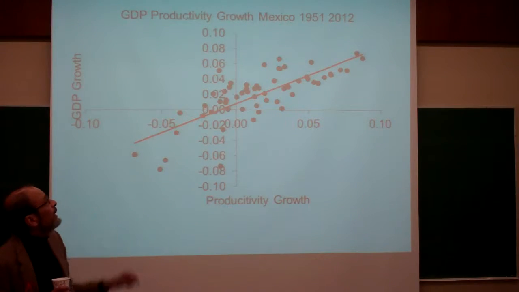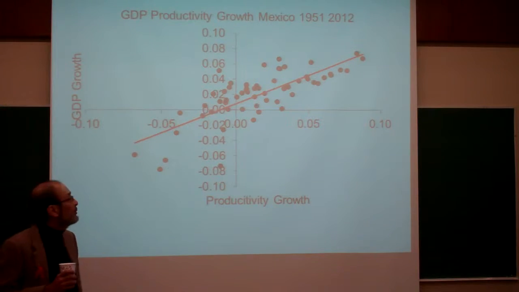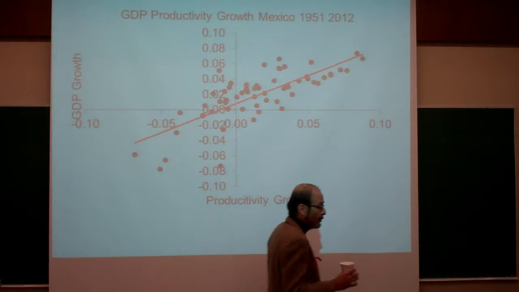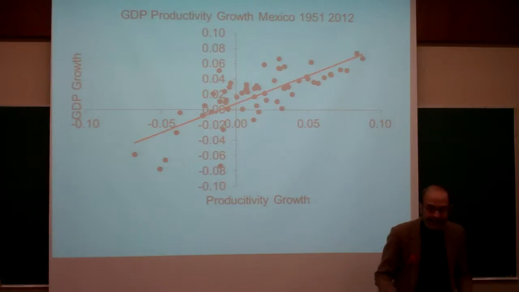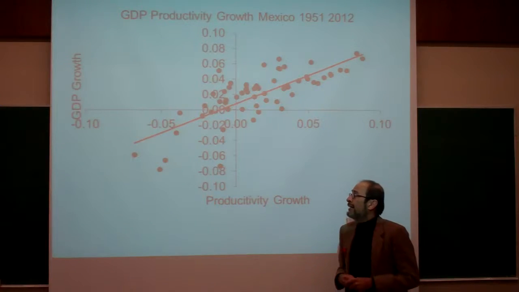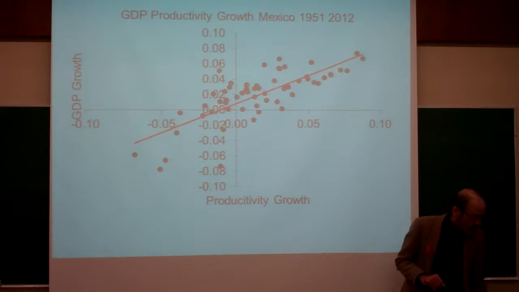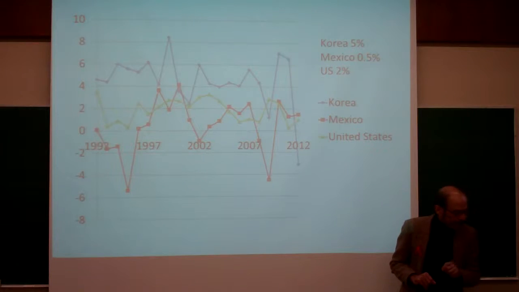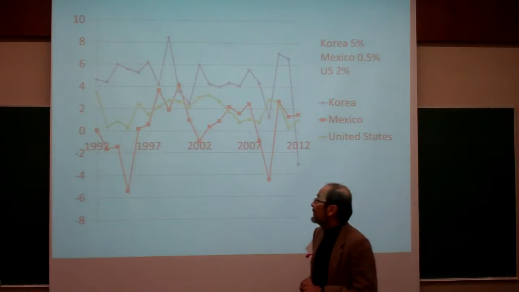Growth in productivity and growth in GDP per capita is very, very close. So when we explain that the productivity growth has been low, that actually explains why the GDP growth has also been correspondingly low.